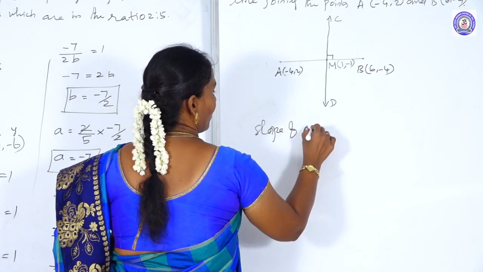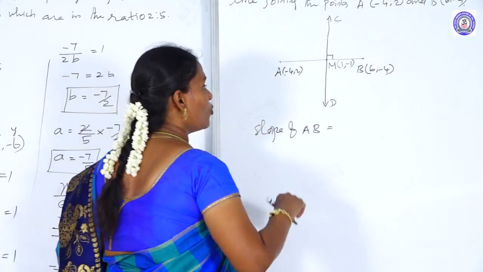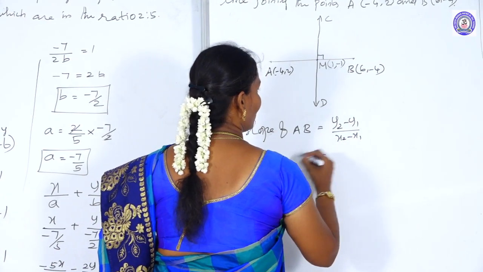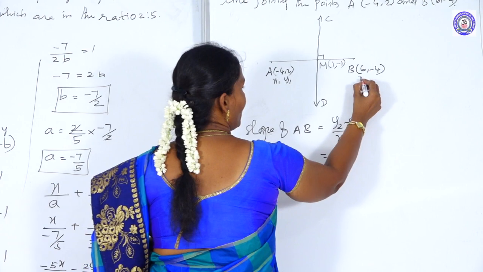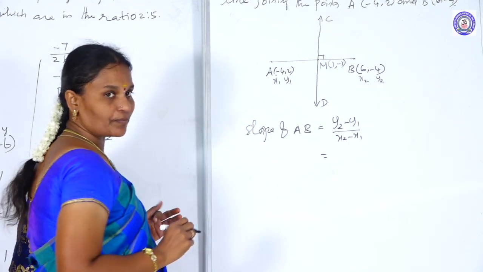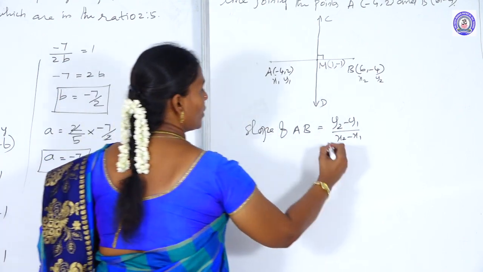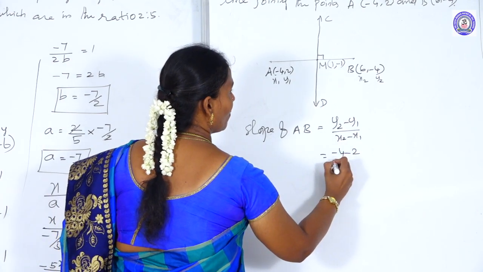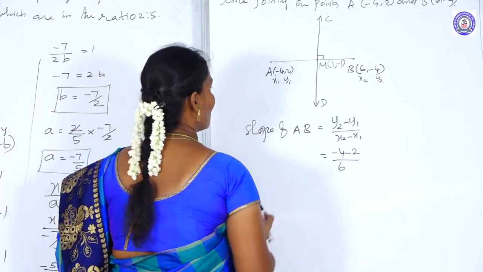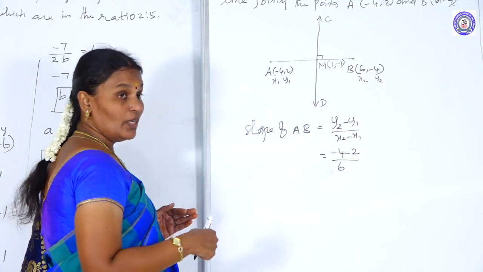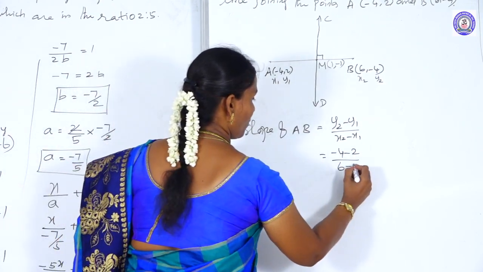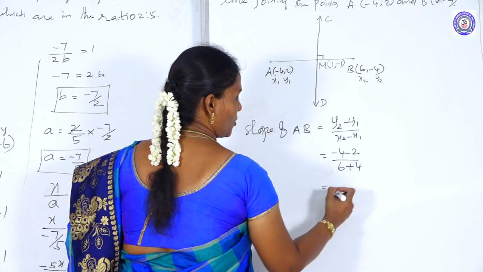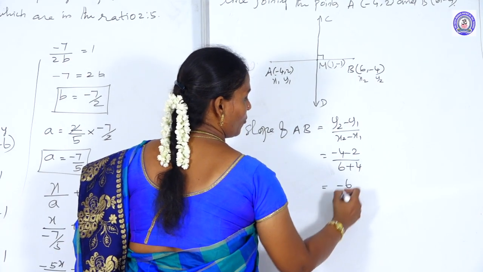Slope of AB is equal to (y2 minus y1) by (x2 minus x1). Here you consider x1, y1, x2, y2. y2 is -4, y1 is 2, so -4 minus 2 is -6. x2 is 6 and x1 is -4, so minus of minus is plus, 6 plus 4 is 10.